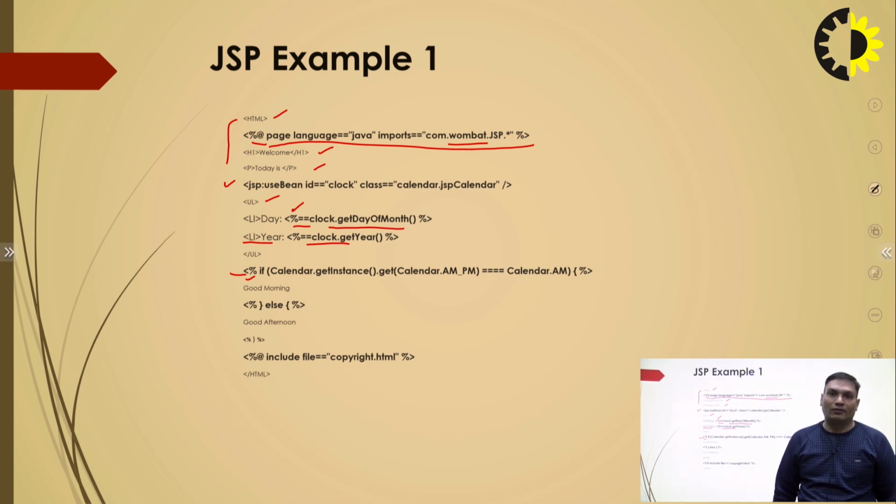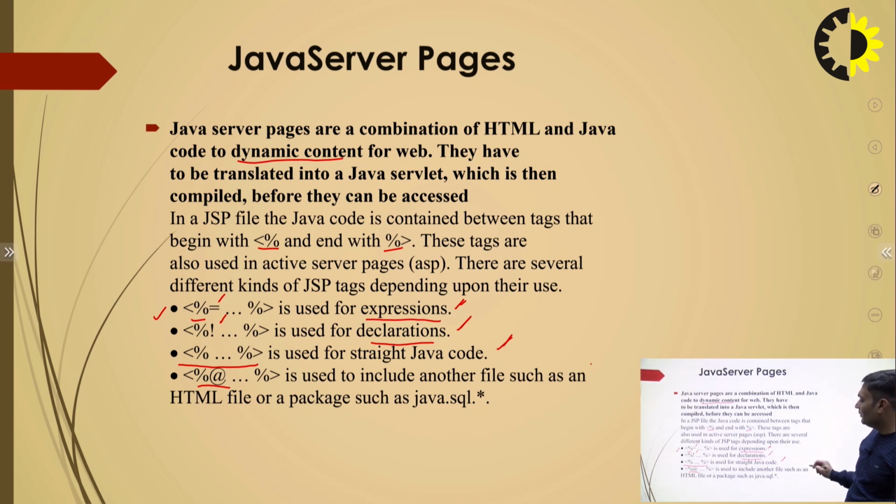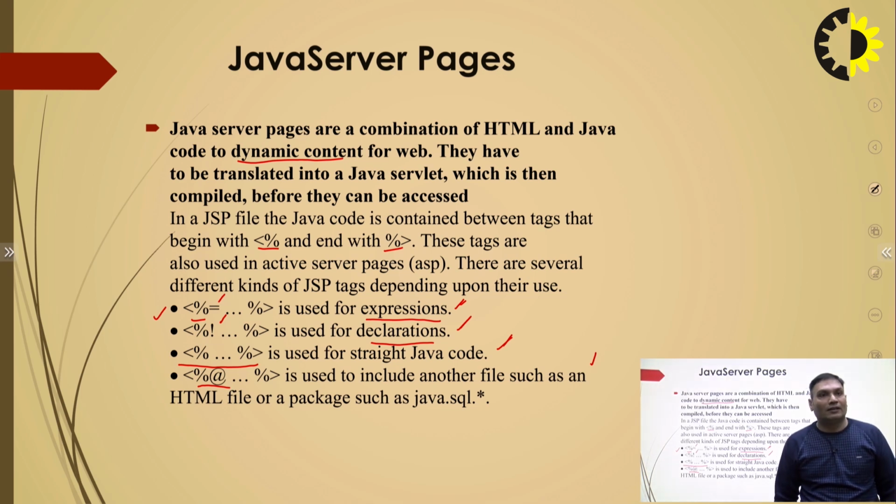One is related to HTML and one is related to Java. So when we want to include Java code inside HTML code, we are using predefined tags that may be expression, declaration, straight Java code, or inclusion of any file inside the HTML code.